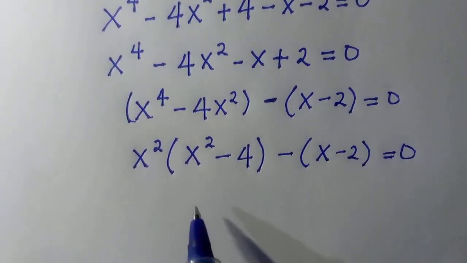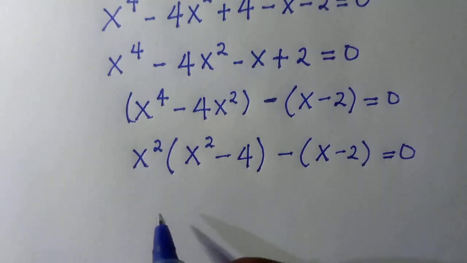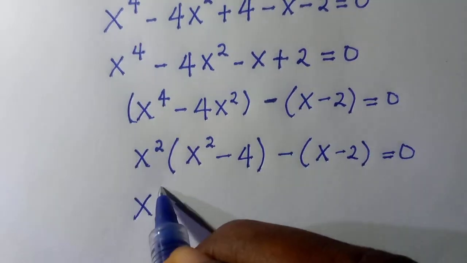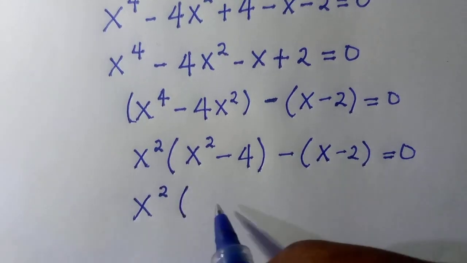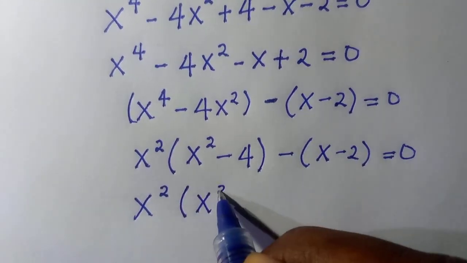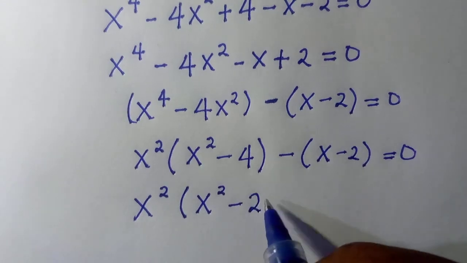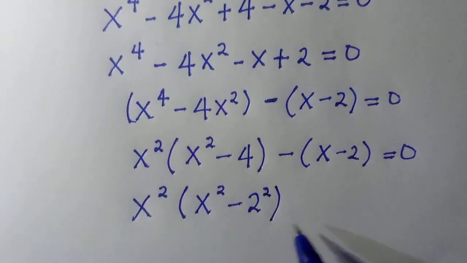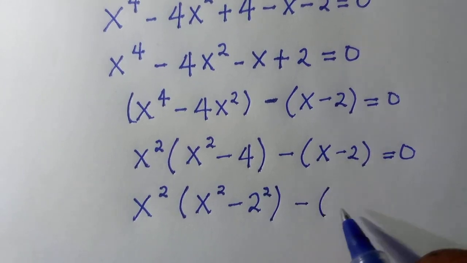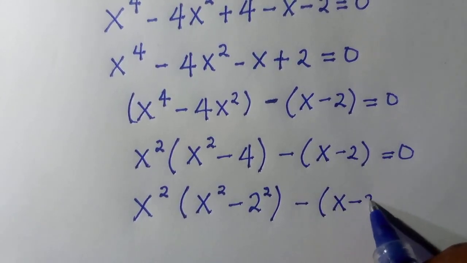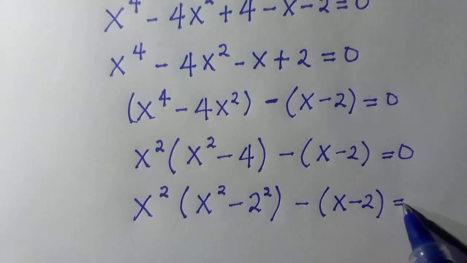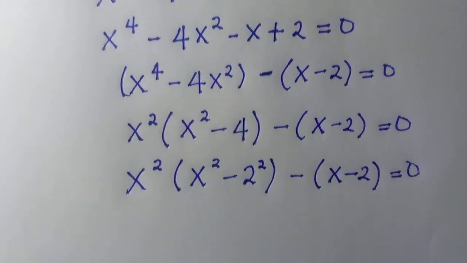So next, suppose I write this as an exponent: x²(x² − 2²), which is also 4, minus (x − 2) = 0.